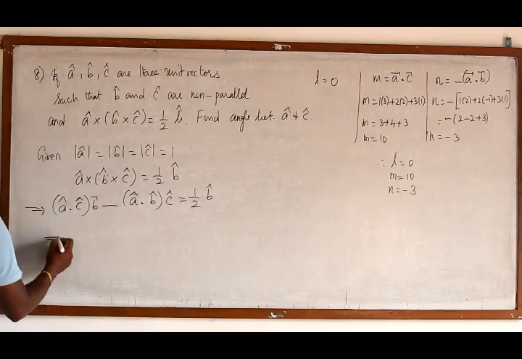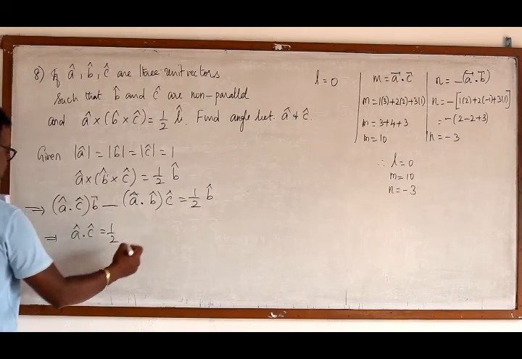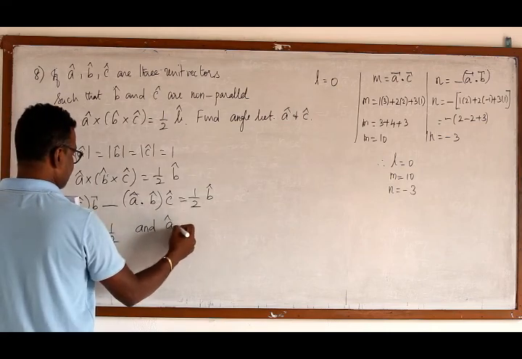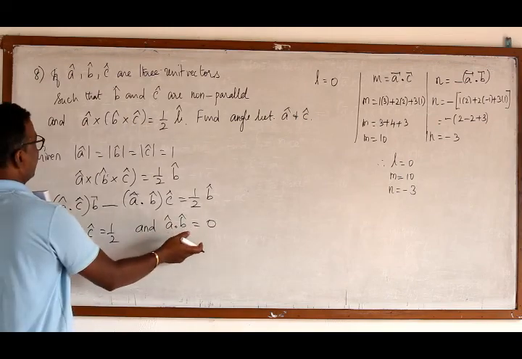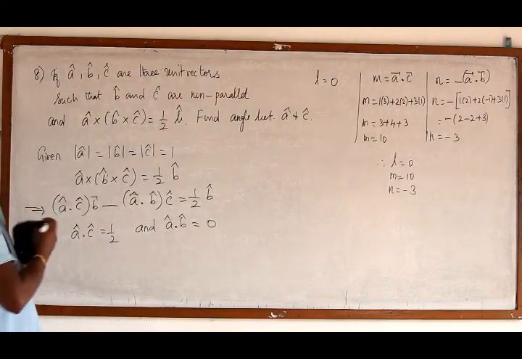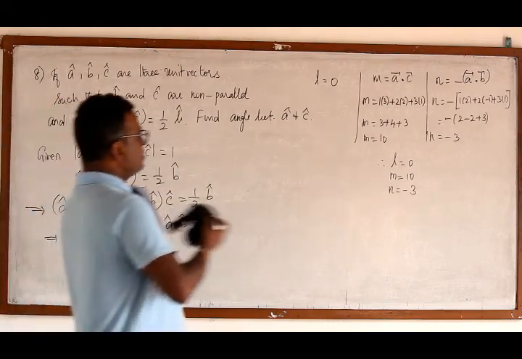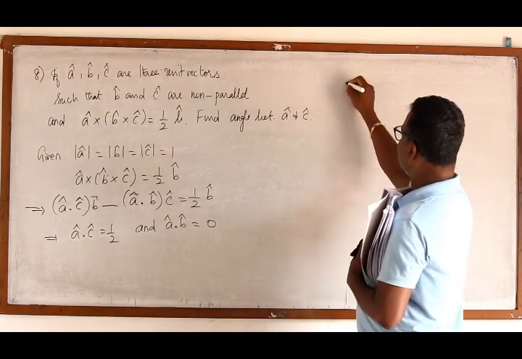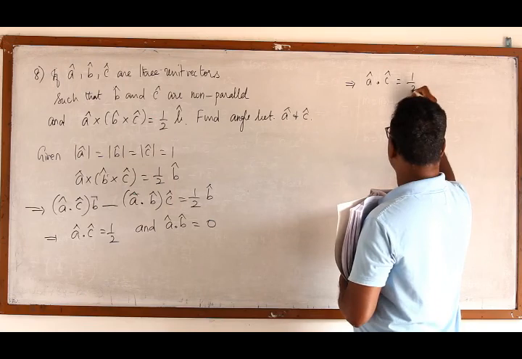Comparing these two, A cap dot C cap equals 1 by 2, and there is no C vector, so A dot B equals 0. This means the angle between A and B is 90 degrees, but they are not asking this one, they are asking the angle between A and C. So we shall take the other one. This implies A cap dot C cap equals 1 by 2.